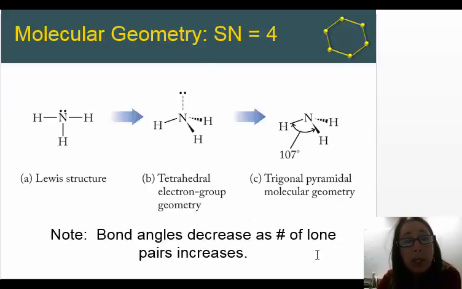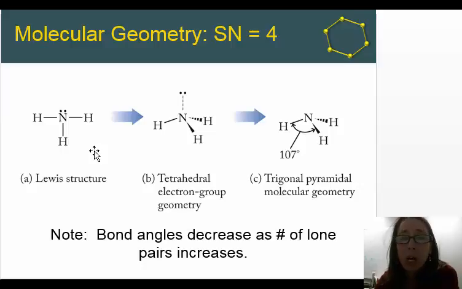Now let's look at lone pairs when our steric number is 4. If we have no lone pairs on our central atom and our steric number is 4, then the molecule has a tetrahedral geometry. If we have a steric number of 4 and 1 lone pair, the electron pairs are still going to be oriented in a tetrahedral fashion because the lone pair and the bonding pairs are still going to repel one another.